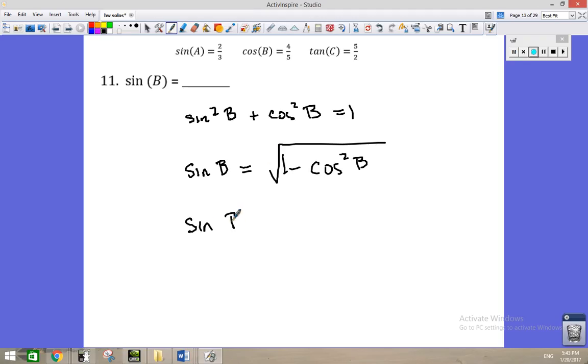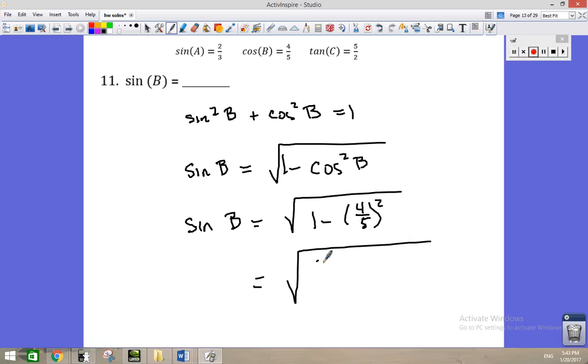So if I am given that the cosine of B is 4/5, and we're squaring that, it's the same as the previous work: I'm going to rewrite 1 as 25 over 25. When I square this, I get 16 over 25.